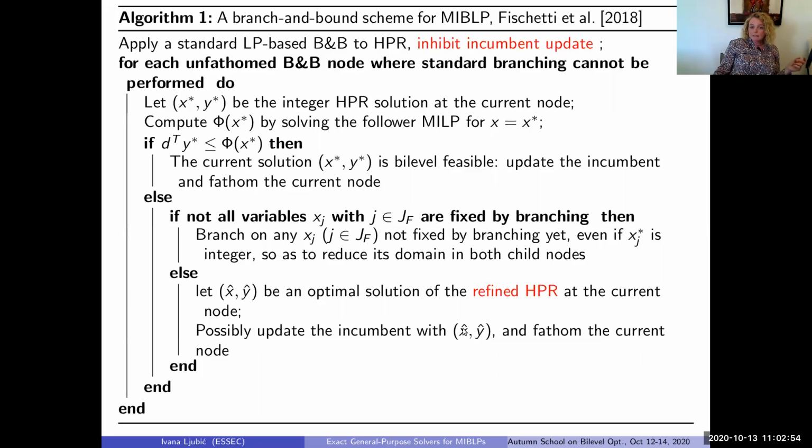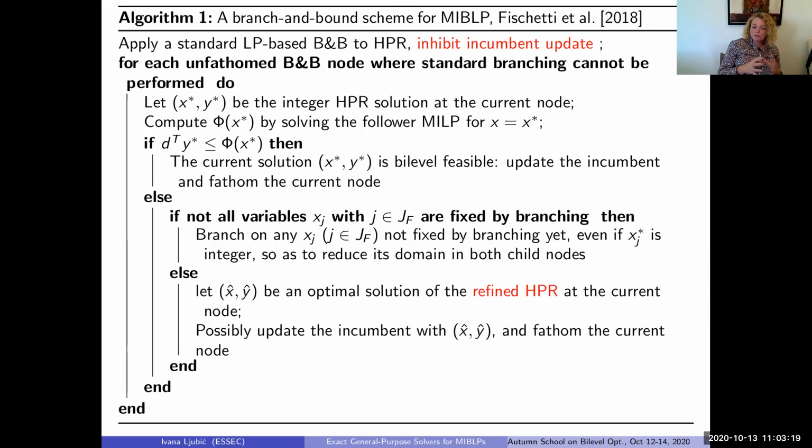So as I said, this is a simplified pseudocode of the branch and bound procedure that we presented in a MathProc paper. Simplified because I'm now assuming that the follower problem is well defined, that the HPR is not unbounded, so that we can focus on the core of this algorithm. So what is the idea?